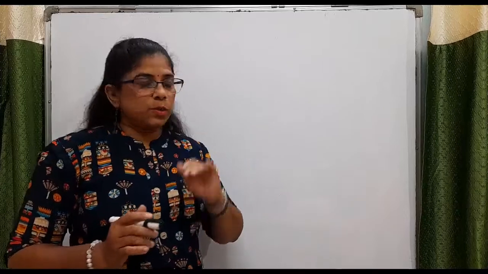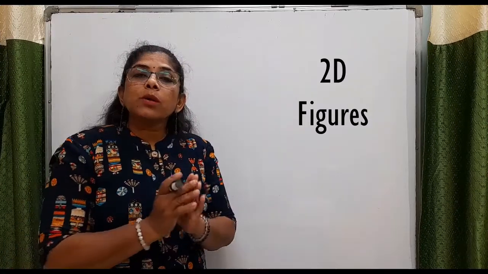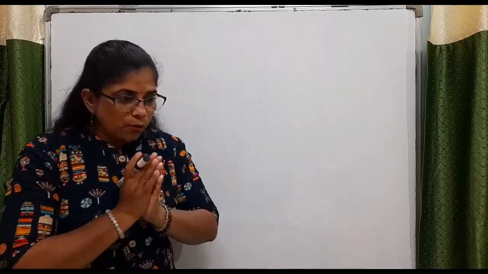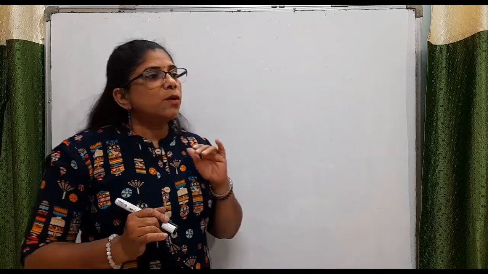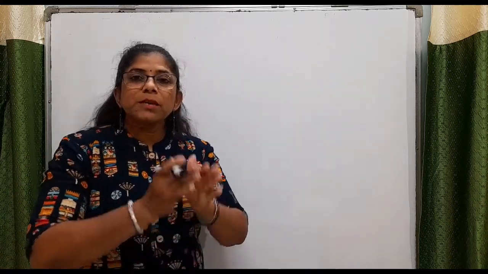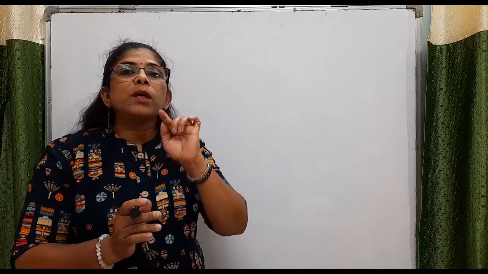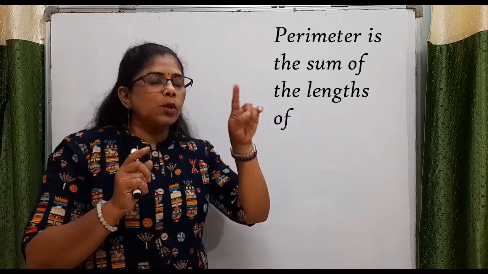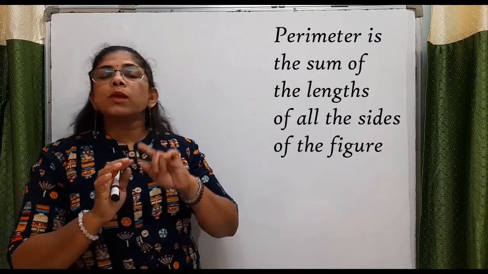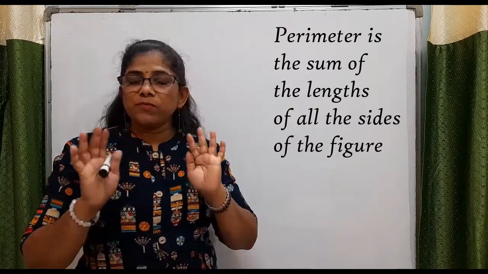As I have already told, in this video we are going to talk only about the 2D figures. Now when we talk about the 2D figures, we find the perimeter and area of these 2D figures. Now what is this perimeter exactly? Perimeter is nothing but the total length of all the sides, or we can say the total length of the border of the given figure.